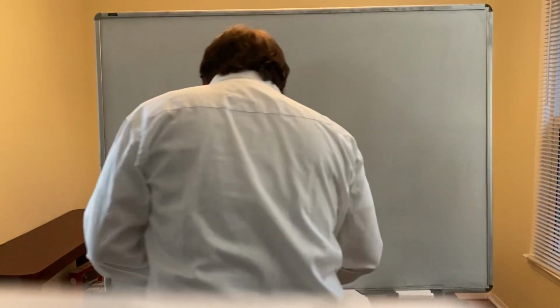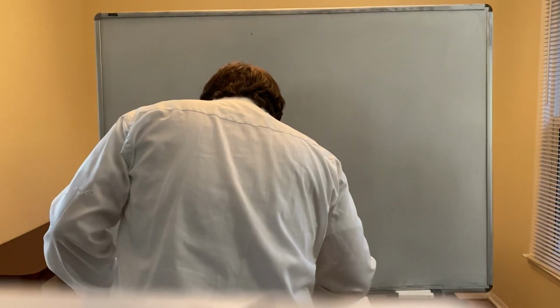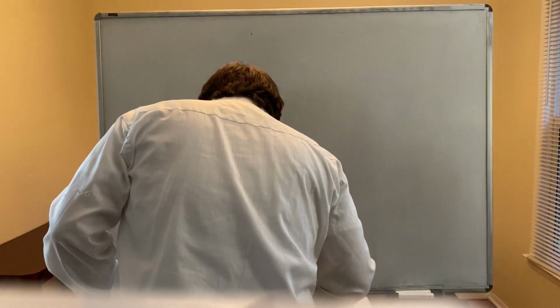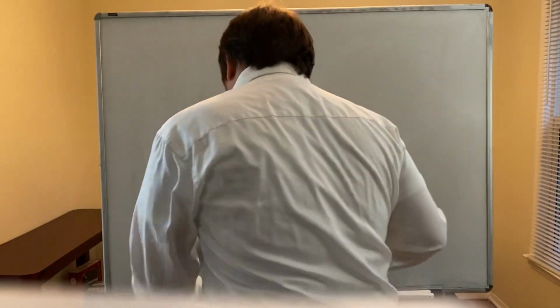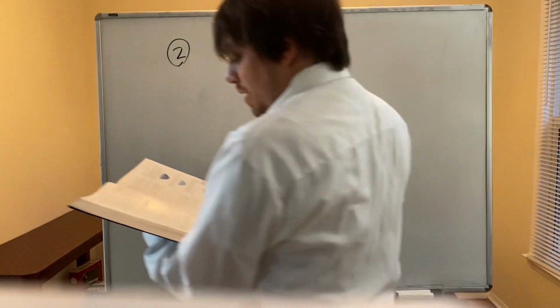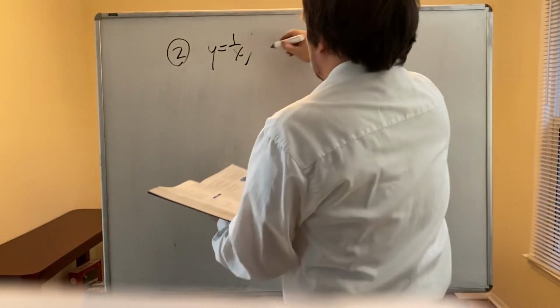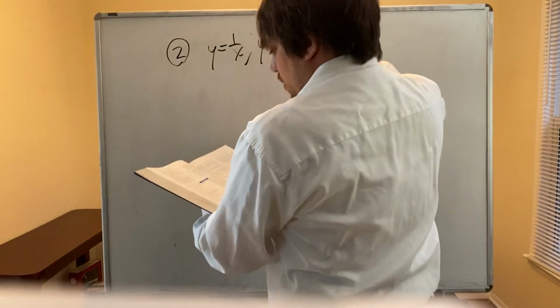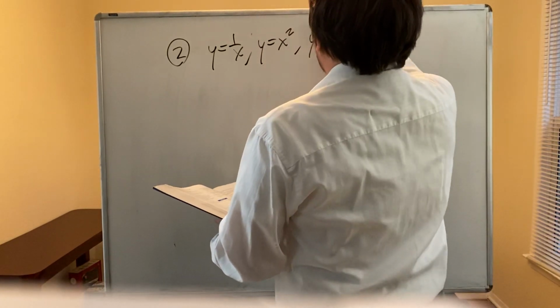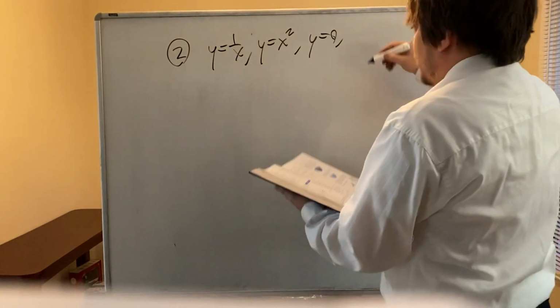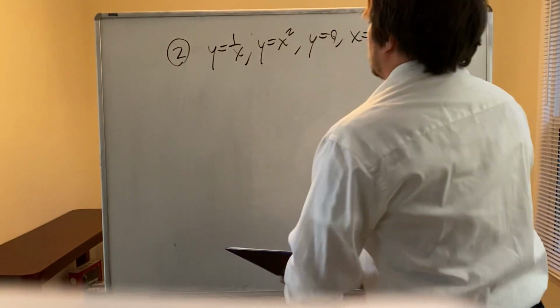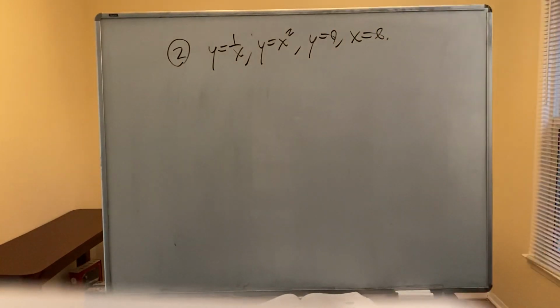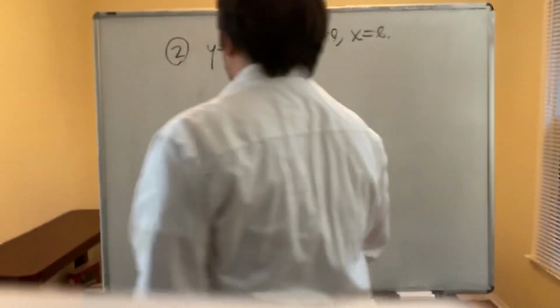Okay, so let's do number 2. For number 2, it says still find the area of the region bounded by the given curves: y equals 1 over x, y equals x squared, y equals 0, and x equals e. Okay, so those are our 4 functions that we're going to graph.